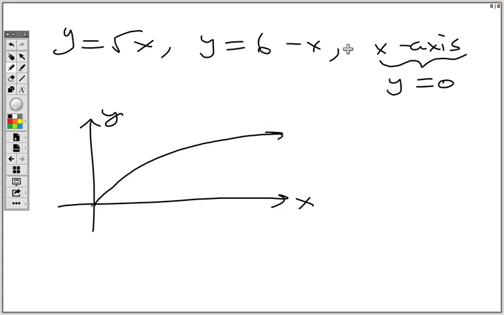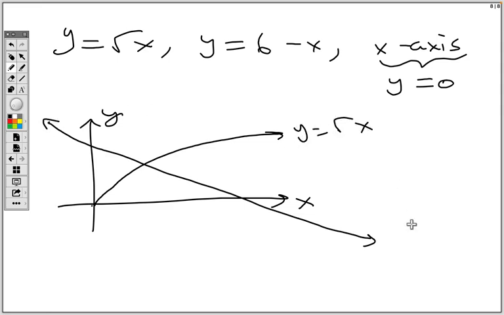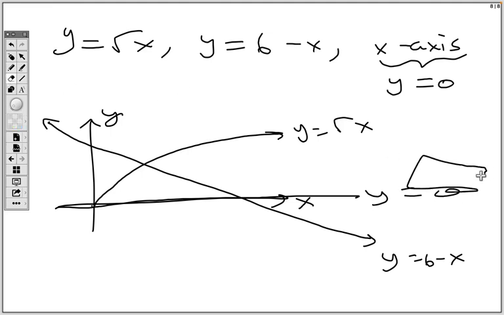Looks like that. 6 minus x, there's your line. And then y equals 0, that's your x-axis. So if I'm looking at the area that's bounded by all of these things, then it's going to be this character here. So that's going to be our region R.